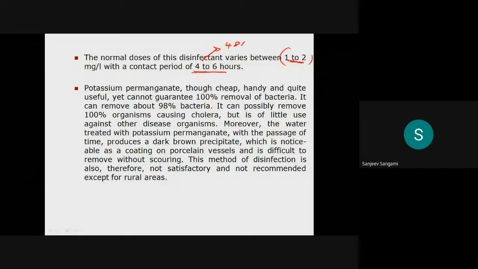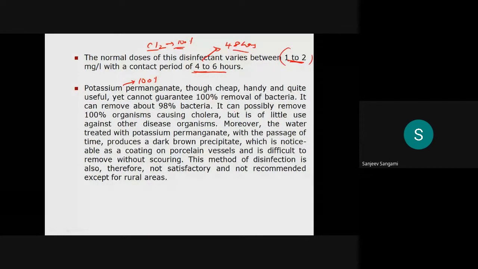Normally 48 hours. Okay, potassium permanganate, though cheap, handy and quite useful, yet cannot guarantee 100% removal of the bacteria. As I already said, we cannot guarantee that it will remove 100%. But with chlorine, we can say that 100% removal is possible. It can remove about 98% of the bacteria.